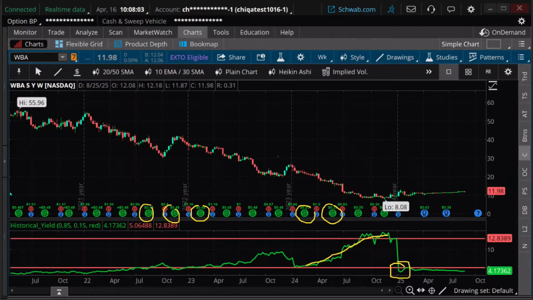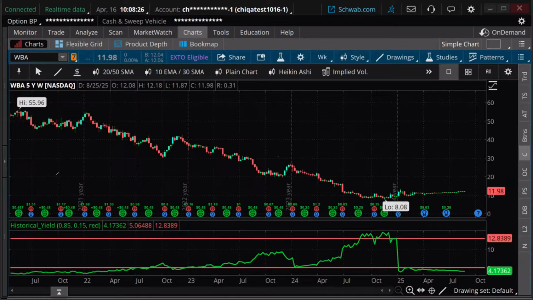If you have these high yields, and when I say high, what do I mean by high? I mean 7, 8, 9% or higher. That's a high yield. And you have to ask yourself, if a company is paying that high yield, there are clearly people who are concerned about that company.